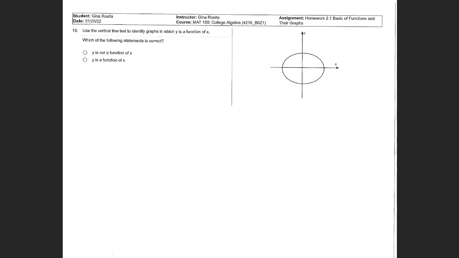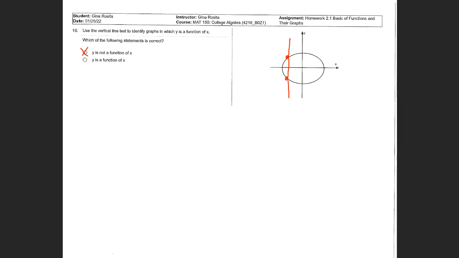Just make a line over here. Oh, there are just 1 and 2. There are 2 points. So more than 1. So is this a function or not? It's not a function because more than 1. So y is not a function of x.